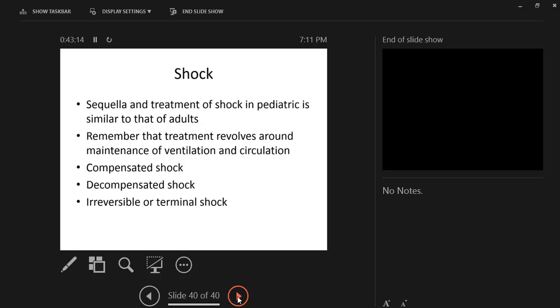So I would expect you to know this definition anyway: shock is a circulatory failure characterized by inadequate tissue perfusion. I expect you to know what the definition of shock is and what kind of symptoms would result from that. One type of shock that I didn't put on the slides here is anaphylactic shock, which is such a big thing, with so many kids and adults developing allergies to nuts, peanuts, and also latex.